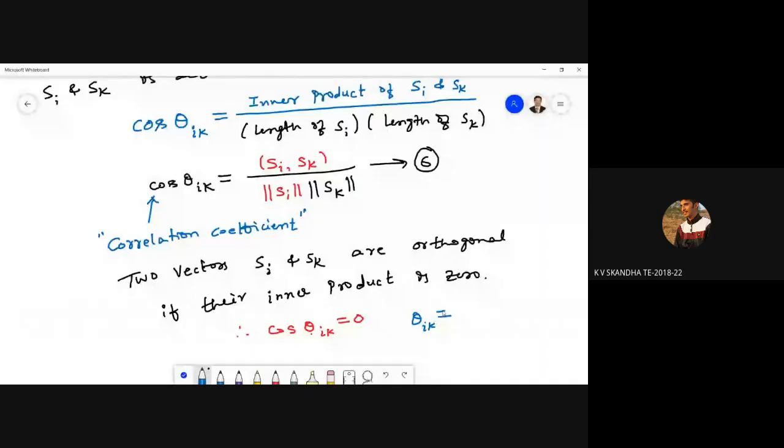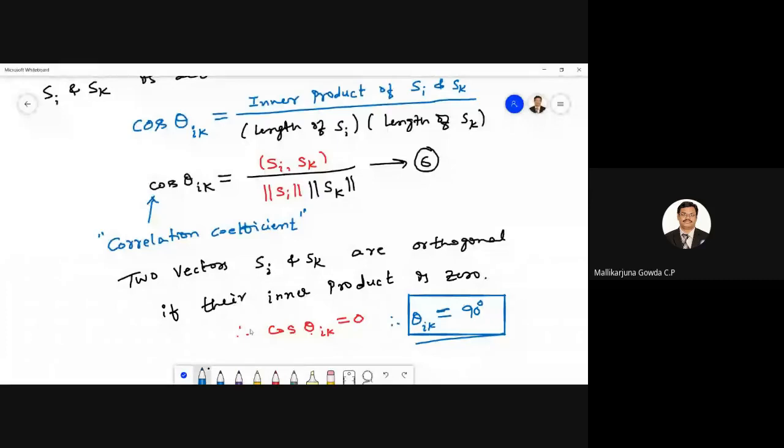It will be 90 degrees. So when the angle between the two vectors is 90 degrees, I can say they are orthogonal to each other. When do I say the two signal vectors are orthogonal? The angle between them should be 90 degrees.